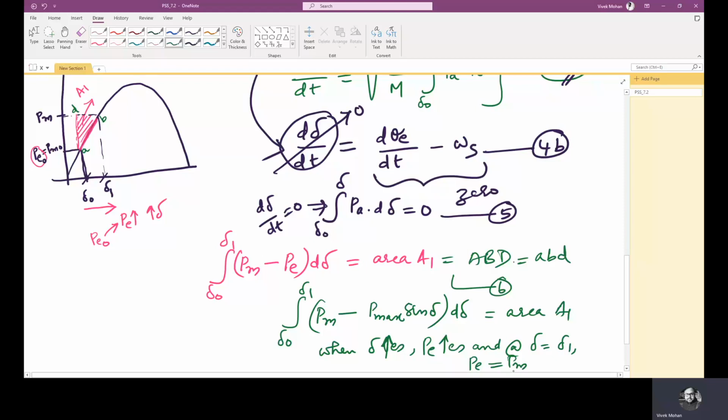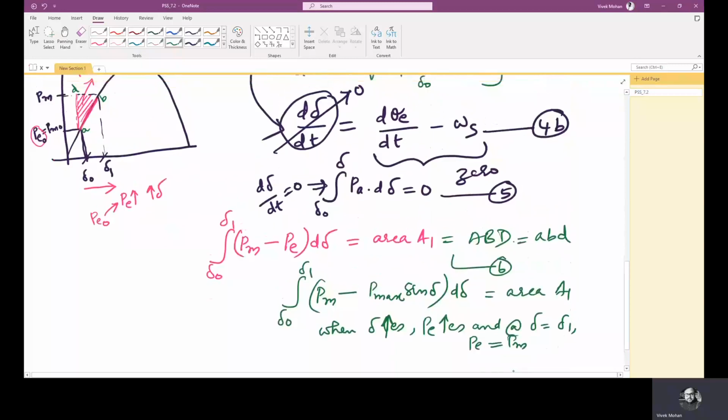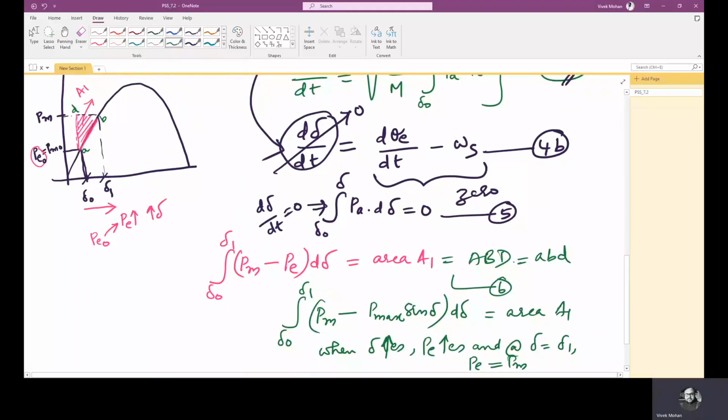So we know that should be the new operating point, but the path to the new operating point is not just this. It will not directly jump to the new steady state operating point. It will have some oscillations. Because of inertia, it may not be able to stop at this point, so it will exceed this point and go to some point here.